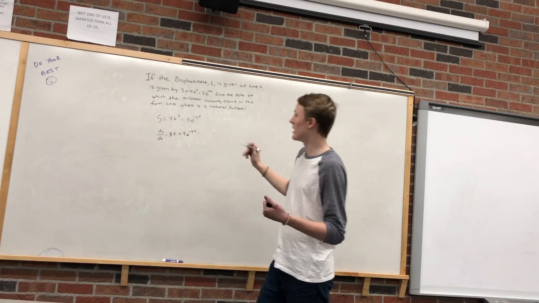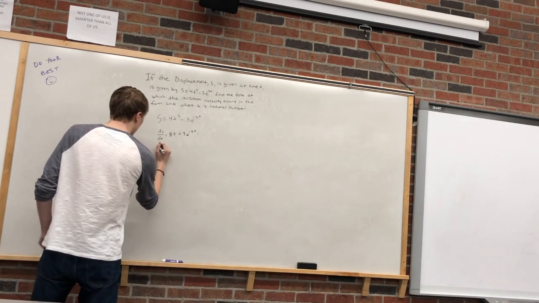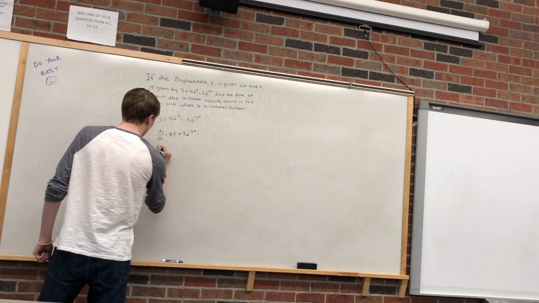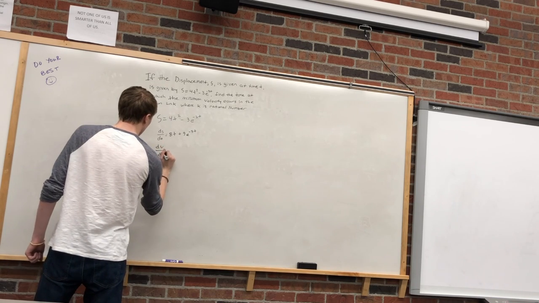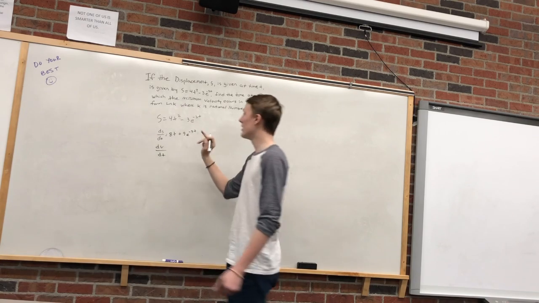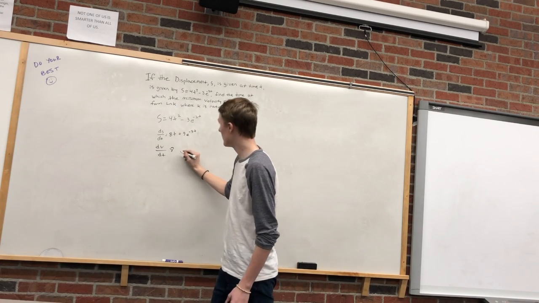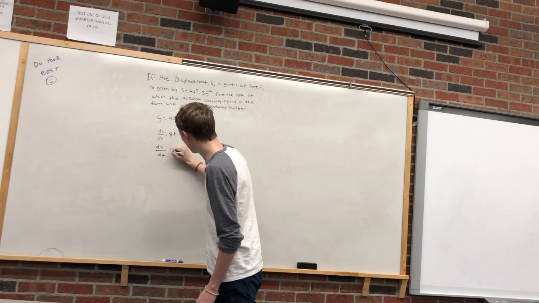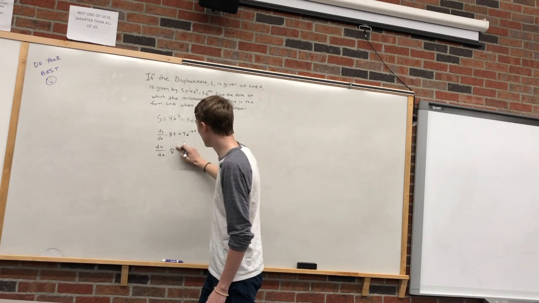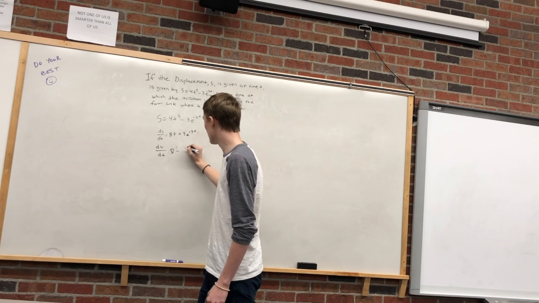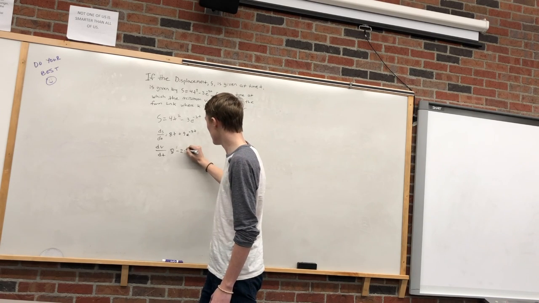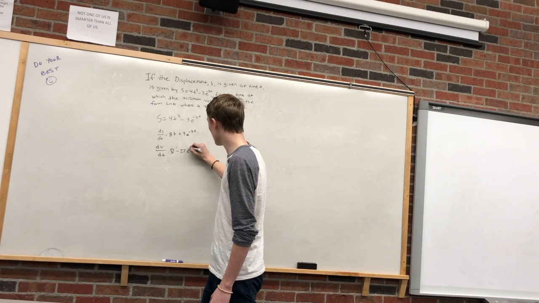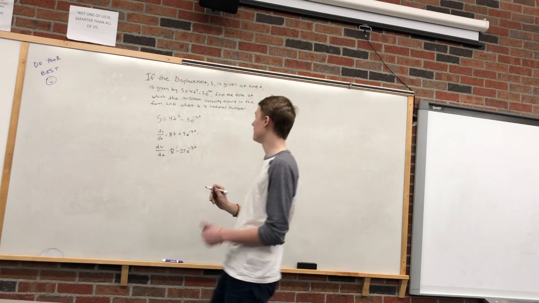All right, so we want to find the velocity, so we take the derivative again, which will give us dv over dt. And then again, we get 8 plus 9 times 3, which is 27, e to the negative 3t.